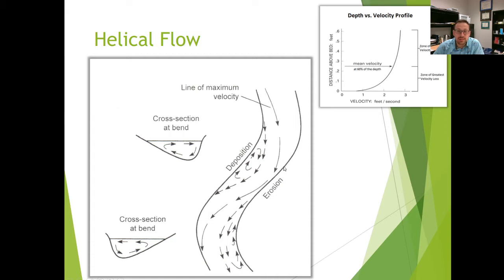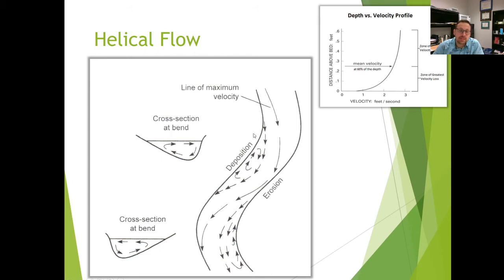So when it hits this bank, where does that quick water actually go? It goes down here, and you get a spiral, a helix of water. The water will mix in this cycle here, but as you lengthen it down into a river, it becomes a spiral.